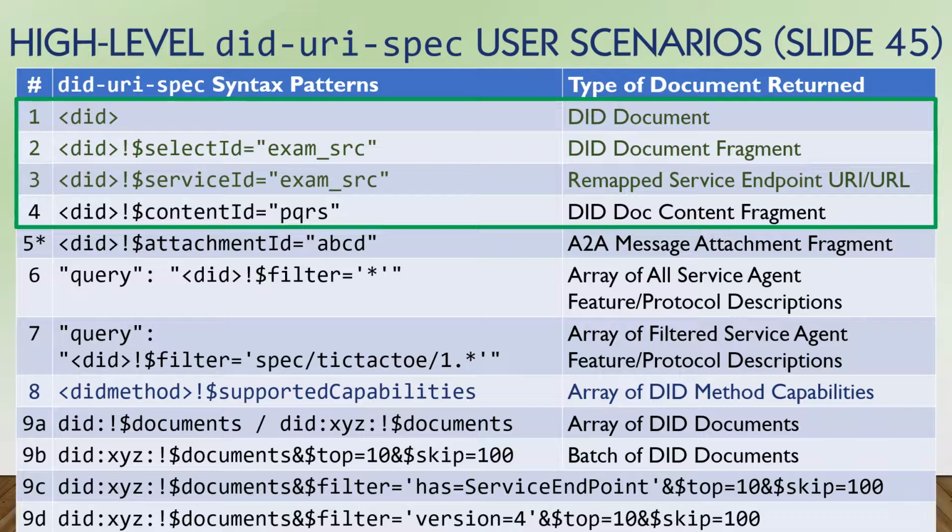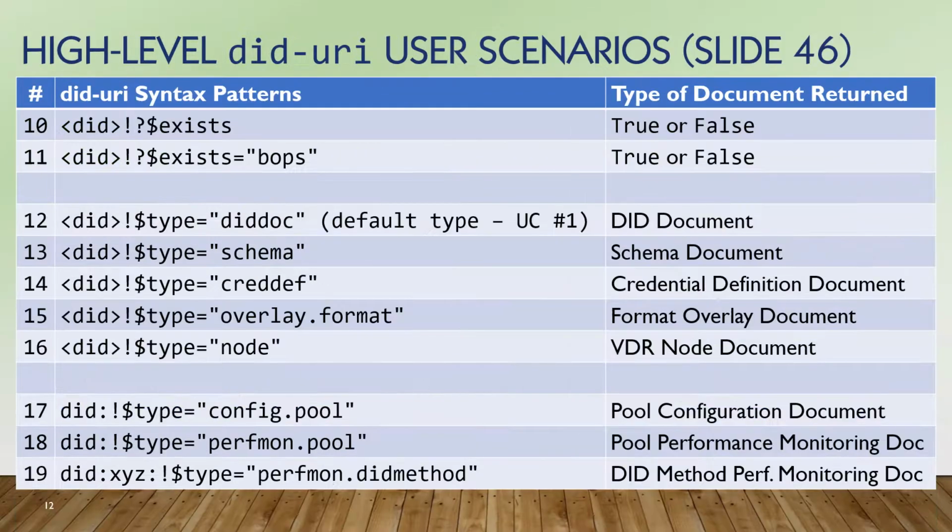And in terms of doing an apples-to-apples comparison between the did-uri-spec and the did ABNF grammar, we're just going to look at the first four, which are supported by each. The did-uri-spec supports all of the other notations below, in addition to these on slide 46.